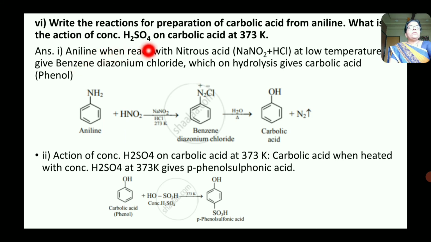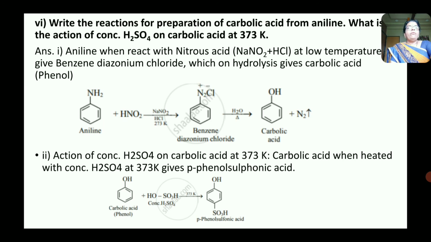Next question. Write the reaction for preparation of carbolic acid from aniline. What is the action of concentrated H2SO4 on carbolic acid at 373 Kelvin? Now here carbolic acid is nothing but phenol. Now it is preparation of phenol from aniline.